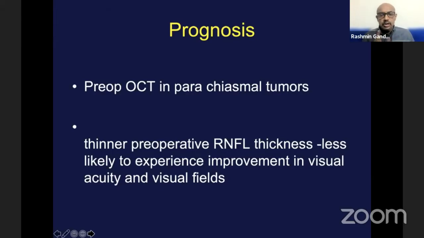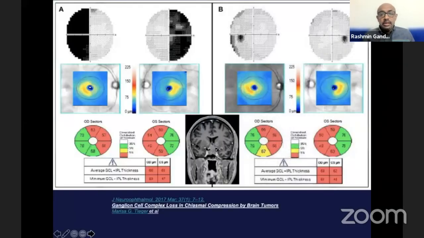So what it tells you is, if you order OCT in somebody who's undergoing a neurosurgical procedure, and if average RNFL thickness is more than 70, there is a high chance that there will be improvement in his visual acuity and visual fields.